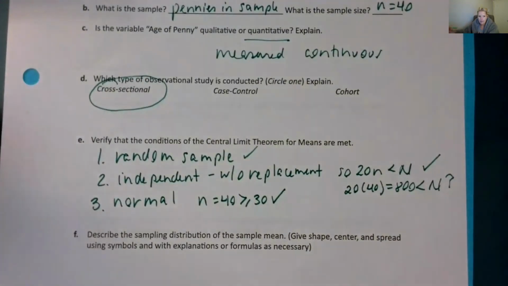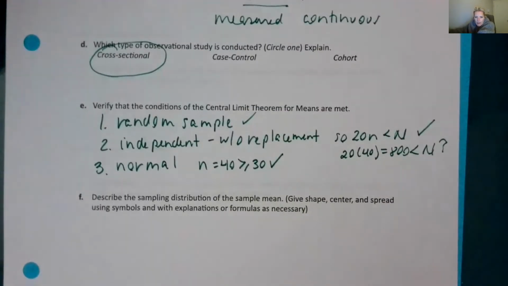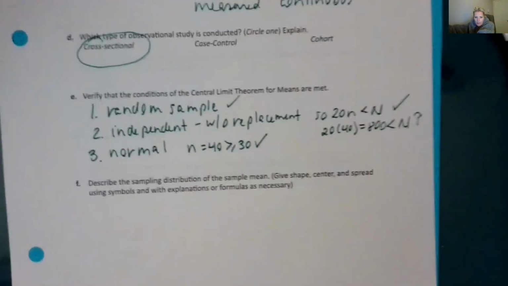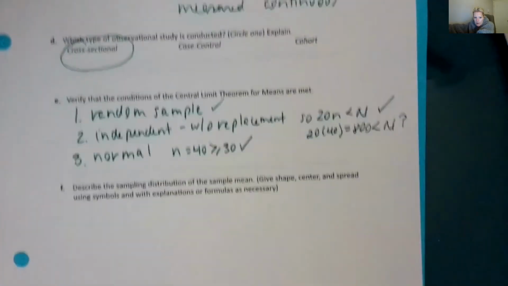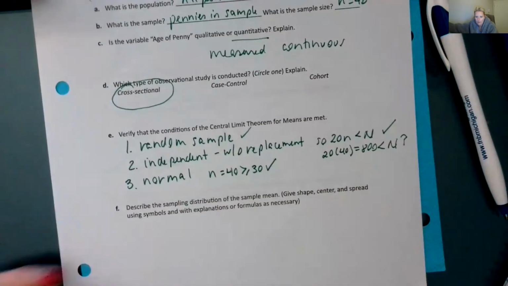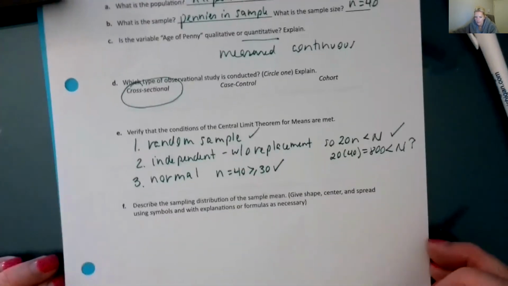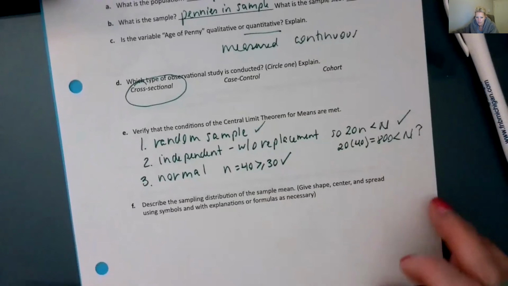So then it says, describe the sampling distribution of the sample mean, giving the shape, center, and spread using symbols.